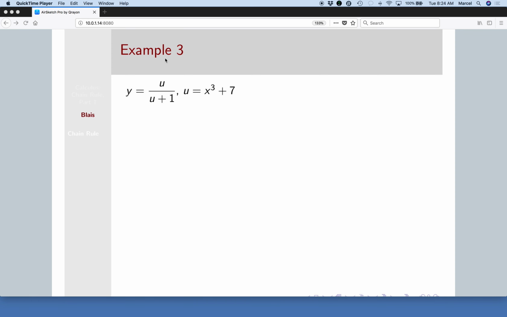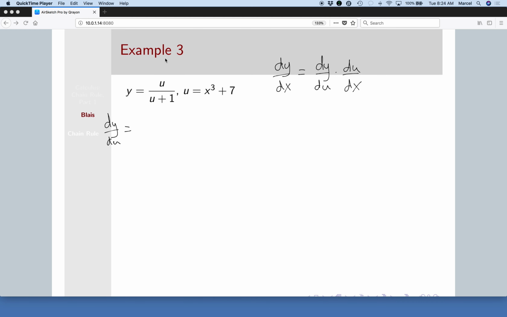Another example. Here, we're going to use the version dy dx is dy du times du dx. So we can calculate each of these derivatives on their own first. So to get dy du, we'll use our quotient rule.